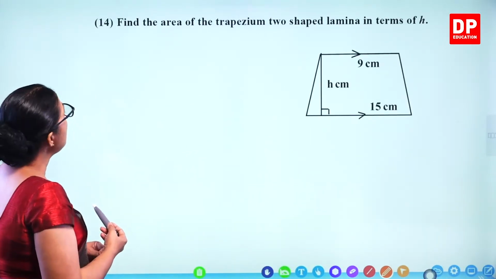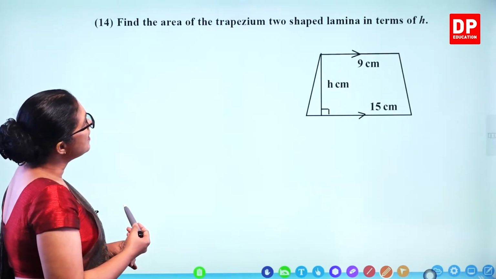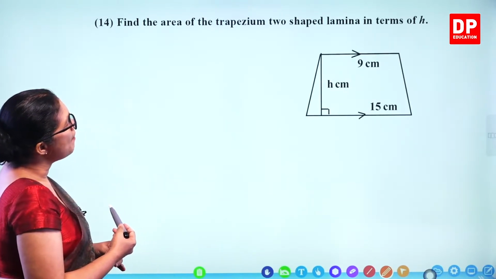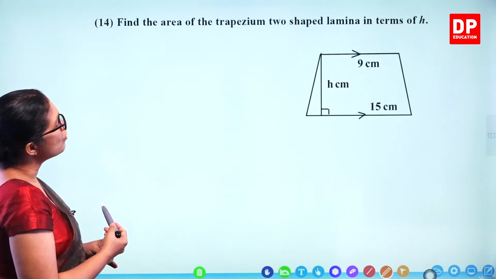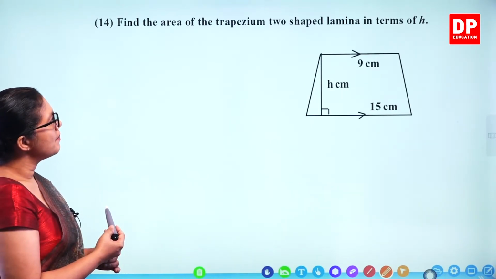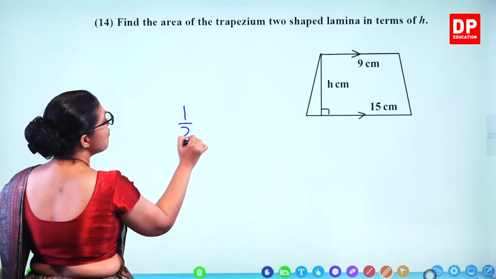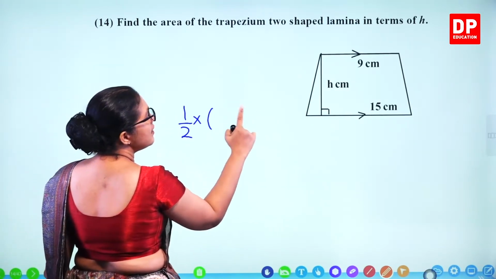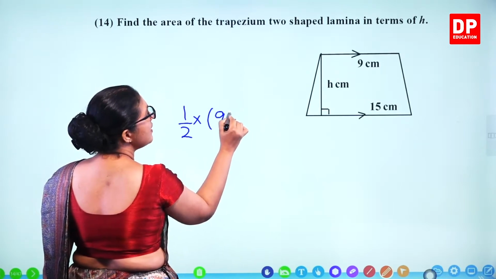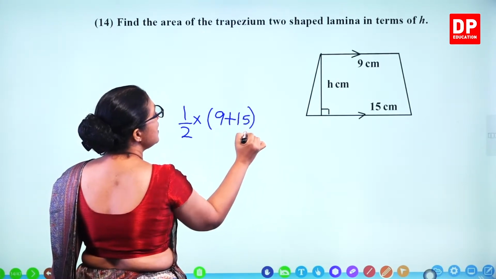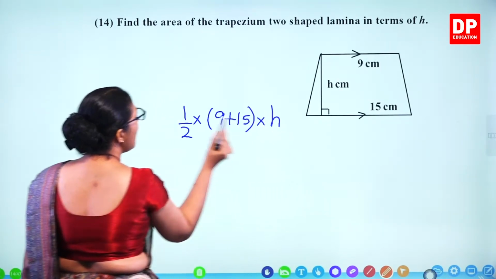Question number 14. Find the area of the trapezium-shaped lamina in terms of H. So that's a trapezium. So how do you find the area? Half, the sum of the two parallel lengths, 9 and 15, multiplied by the perpendicular height.